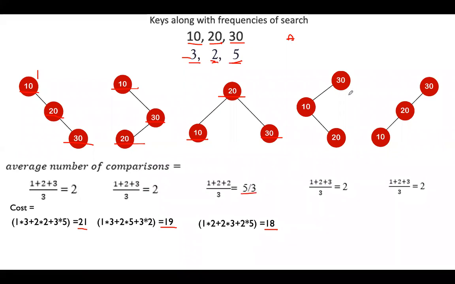Let's see one more tree. 30. How many comparisons here? 30 is compared only once. What is the frequency? 5 into 1. 10, 2 comparisons.